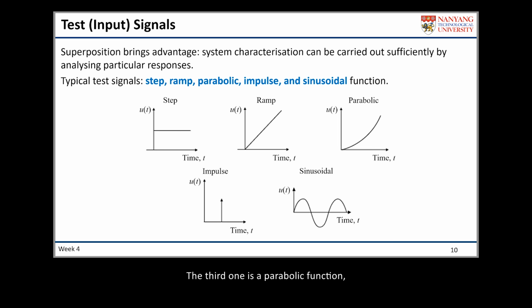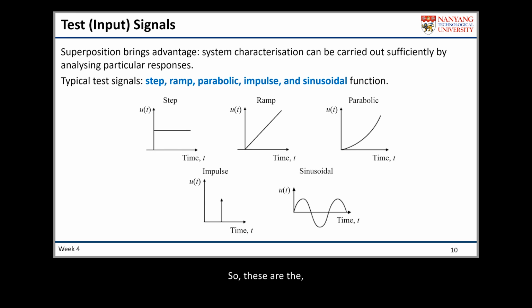The third one is a parabolic function, where the function appears as a parabola with respect to time. The fourth one is the impulse function. What is an impulse? An impulse is just a function that has a value only at one specific time. So you have a pulse there. And the last simple function is the sinusoidal function.